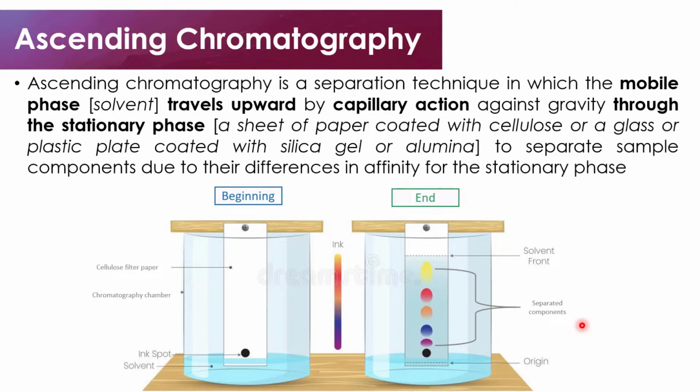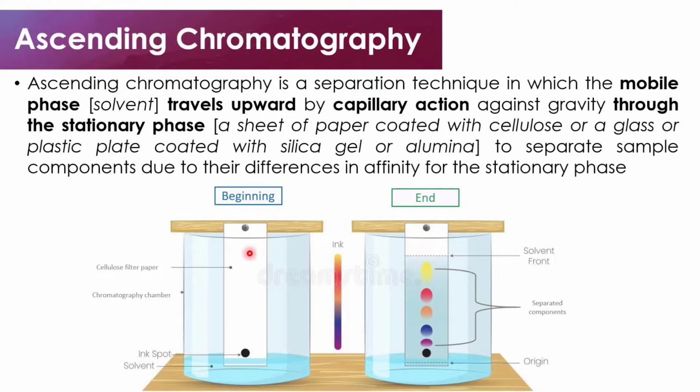So now let's look at this diagram over here and study it. This diagram shows two setups, with the first setup showing the beginning of a chromatographic process in paper chromatography, and the second setup showing the end process of the paper chromatography.